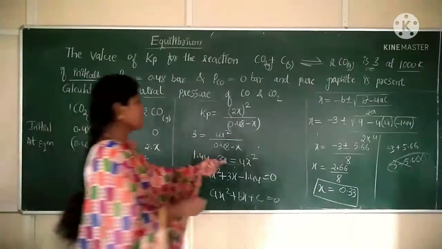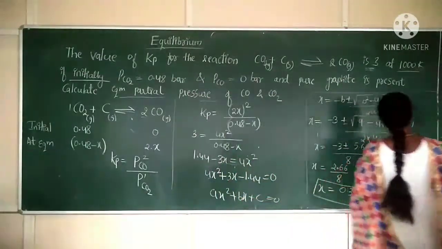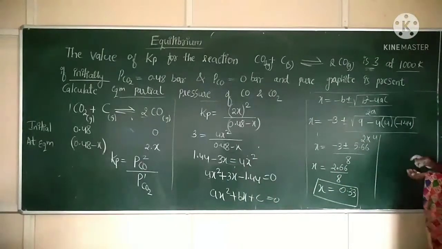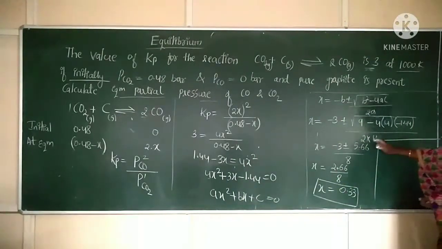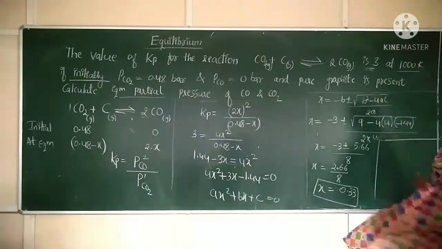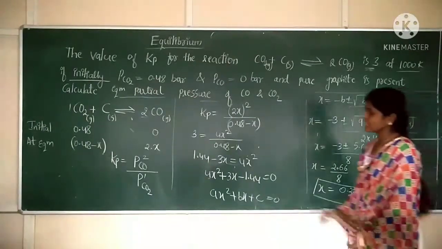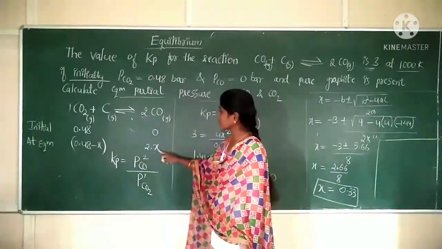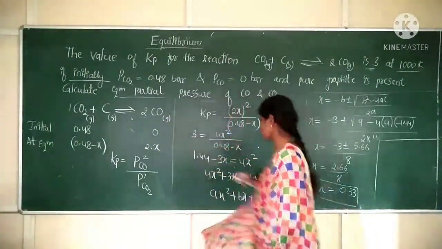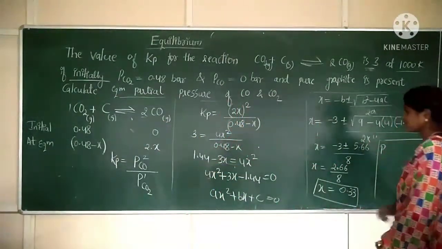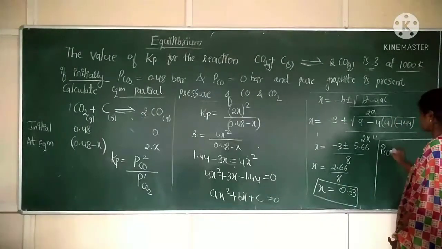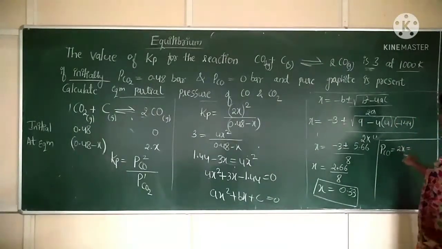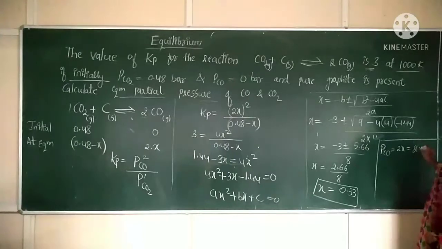Next, when the x value is 0.33, now calculate the partial pressure at equilibrium. At equilibrium, what is the partial pressure of the product CO? That is 2x. So the partial pressure of CO will be 2 into 0.33, equal to 0.66, correct?